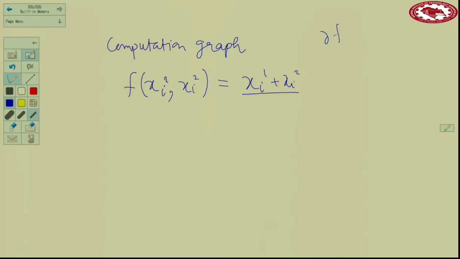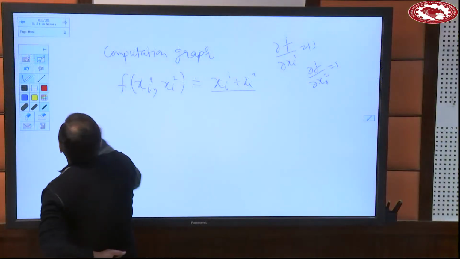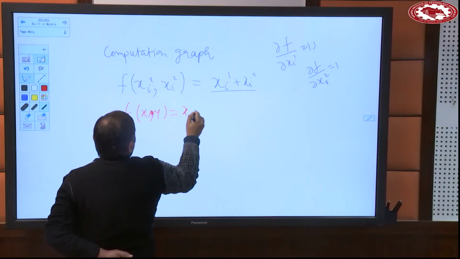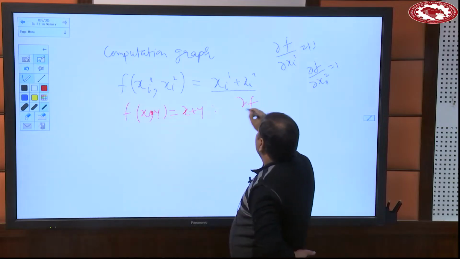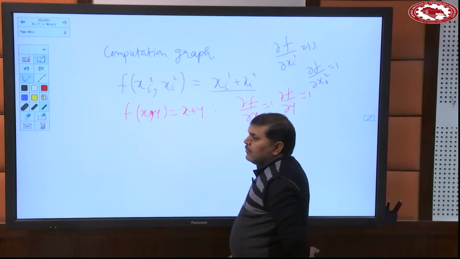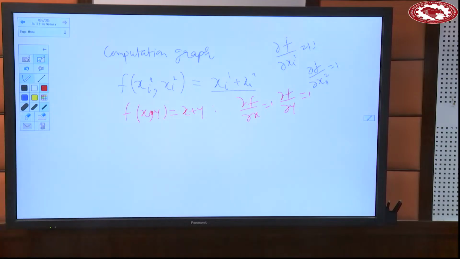With respect to x it is 1, and with respect to the second component it is also 1, because you have an addition operation. Let f of x comma y be x plus y. The gradient of f with respect to x is 1, and the gradient of f with respect to y is 1. So, how can you visualize this computation as a computation graph?